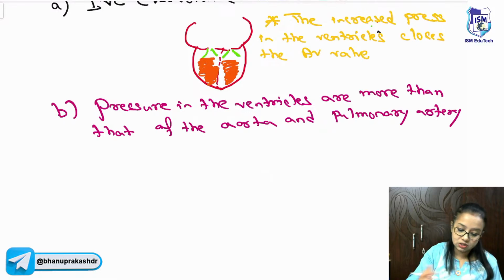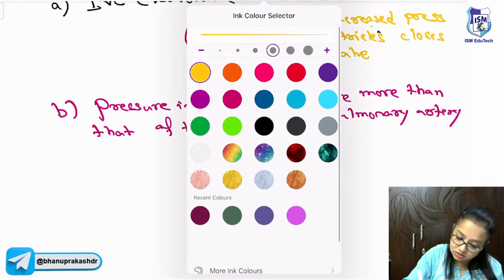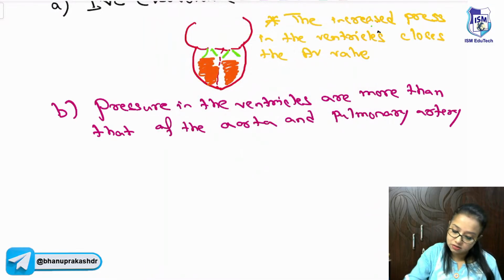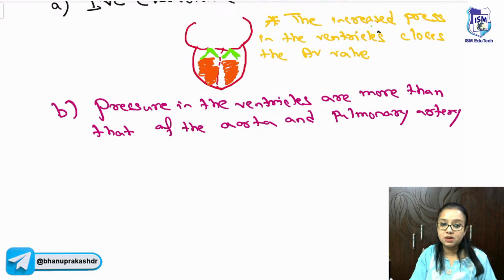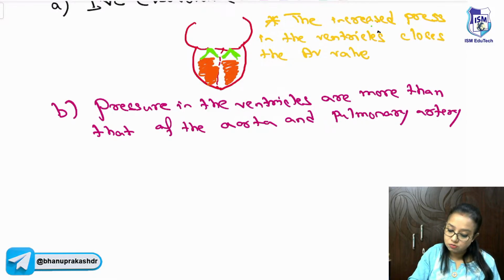This increased pressure in the ventricle snap closes the AV valve. Otherwise, there would be backflow of blood from the ventricle to the atrium.